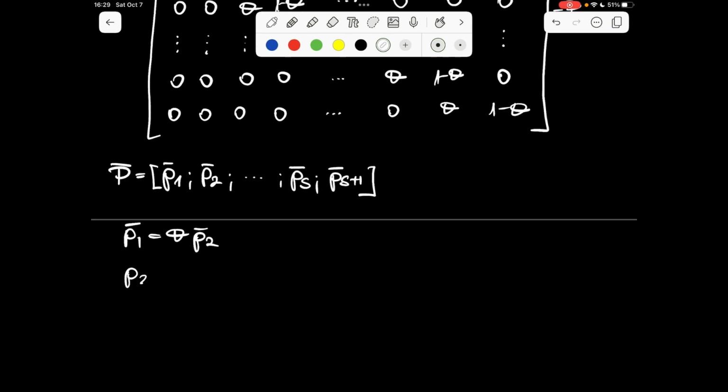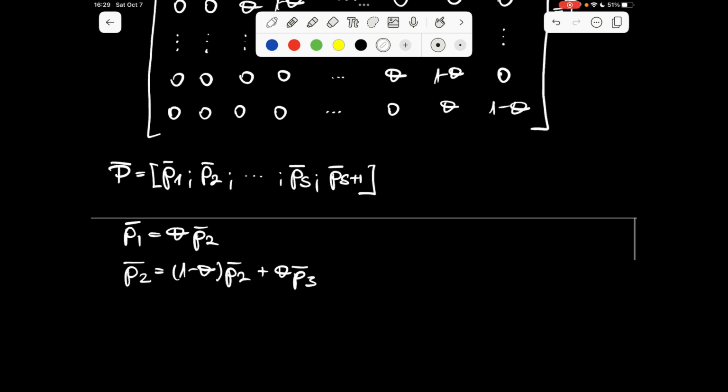So what I am doing is writing the results from the vector matrix multiplication.